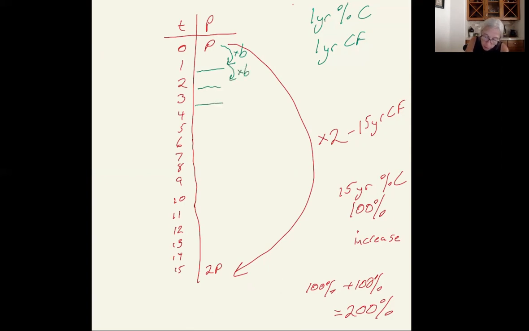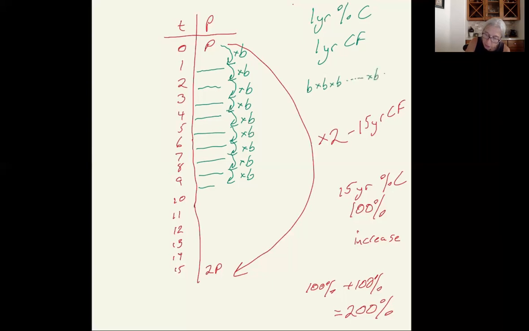But I do know that if I made little individual jumps between year 0 and year 15, between every single output I would need to multiply by B over and over again. I would have to take B times B times B, on and on, times B, until I got to 2.